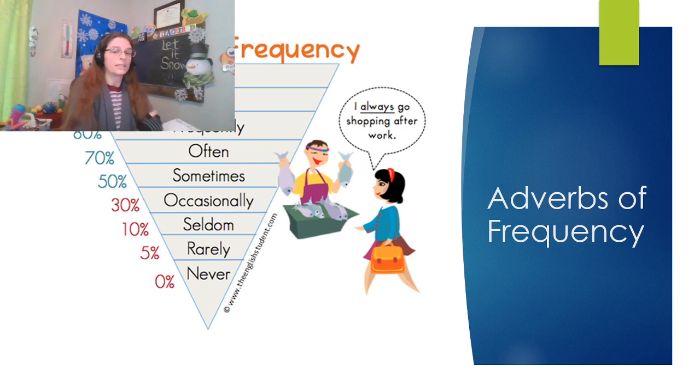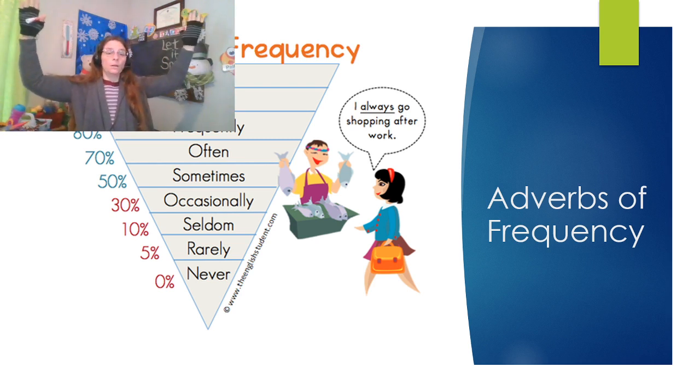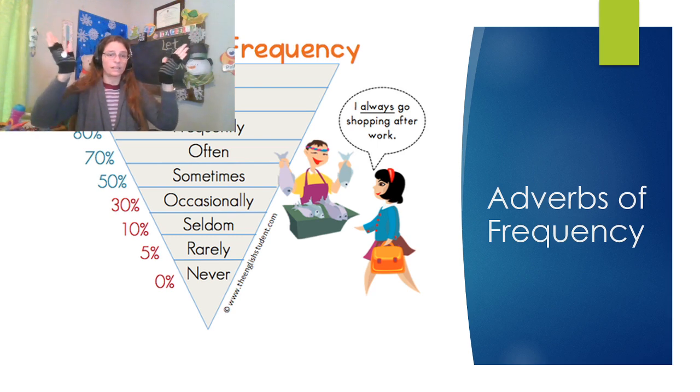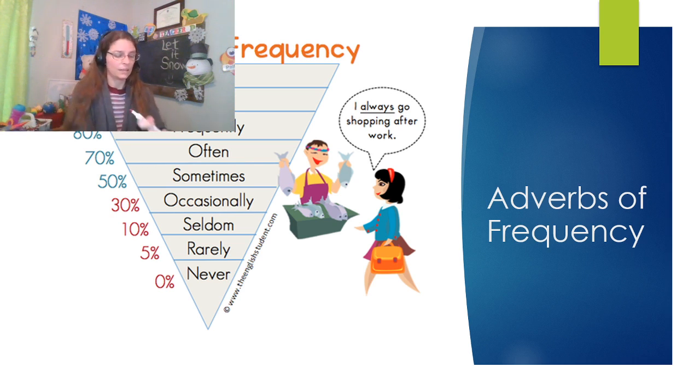Adverbs of frequency tell us how often we do something. And as you can see, if we do it all the time, we have to use always, and it gets bigger to smaller as you go down this list. You've heard of these a lot, I'm sure.